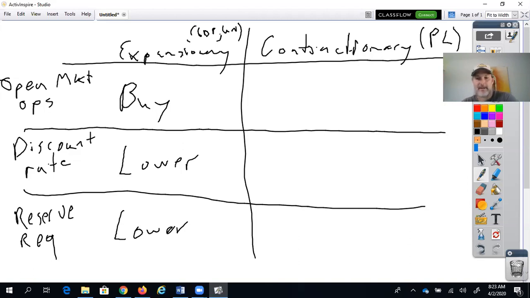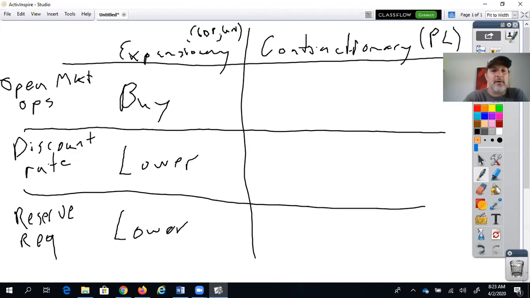If, on the other hand, the Fed only requires the bank to keep 10% because they lowered it, they only have to keep $100, and they can lend out 90%. So now they can loan out $900, thereby increasing the money supply.